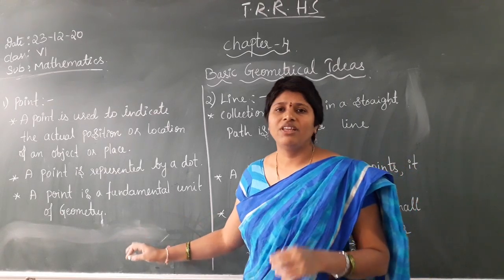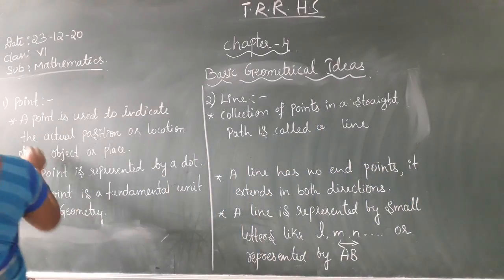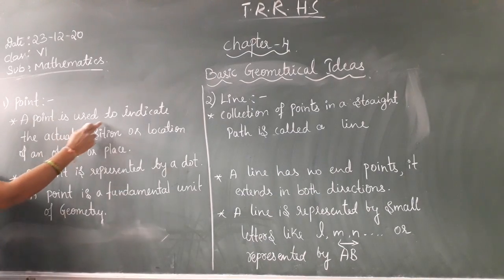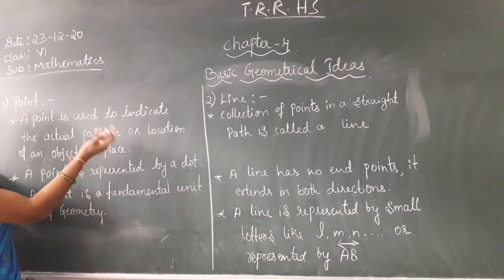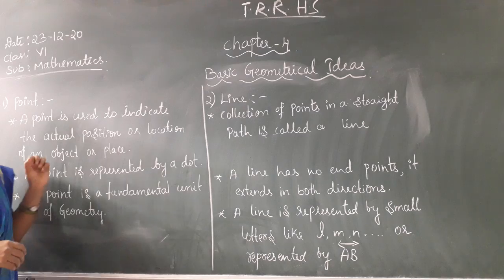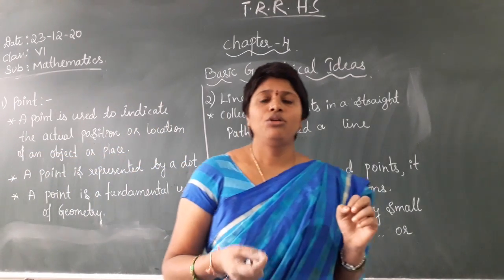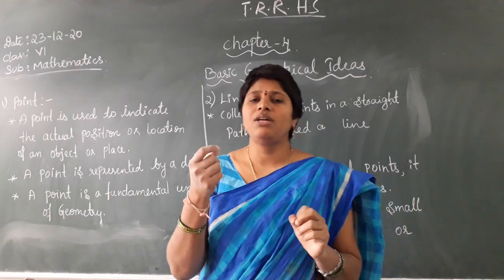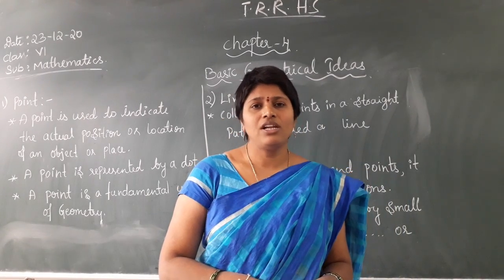Now I will start with the first one, point. A point is used to indicate the actual position or location of an object or place. Where will you use this point? To locate an object, to represent a place, to represent a position. You have seen the Indian maps, geographical maps.